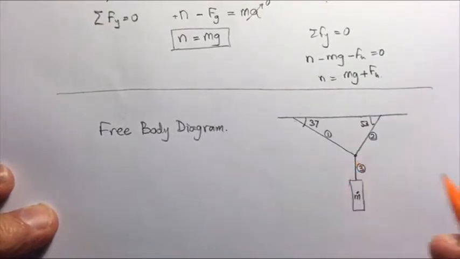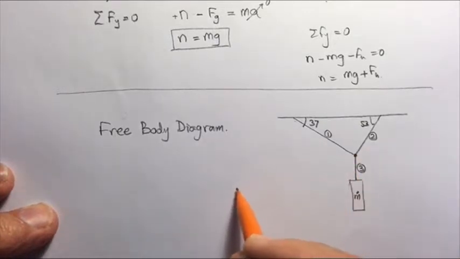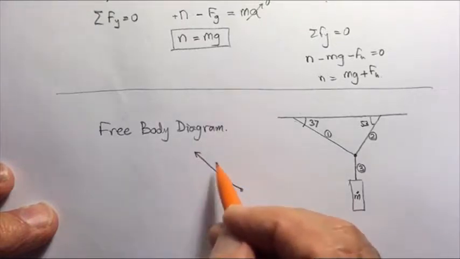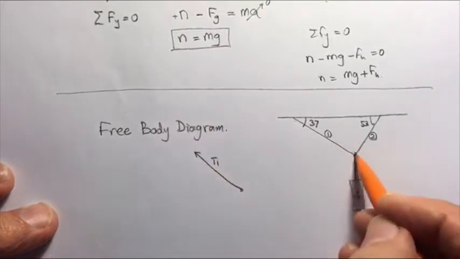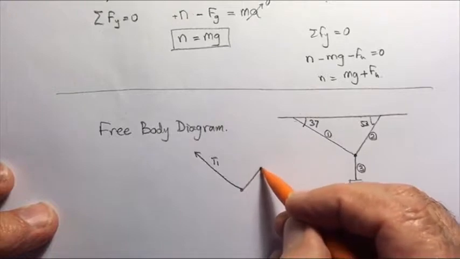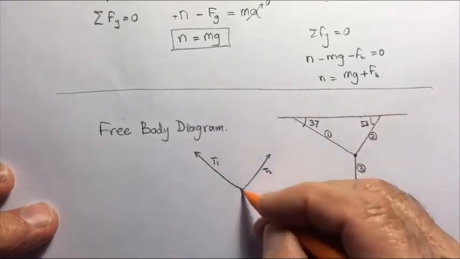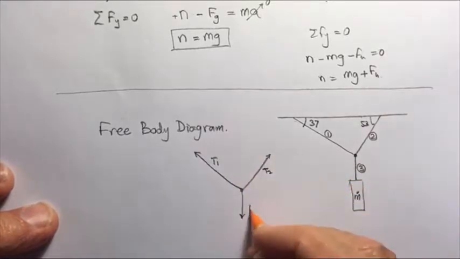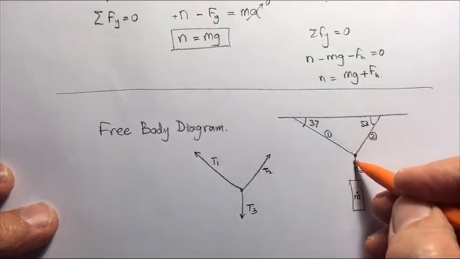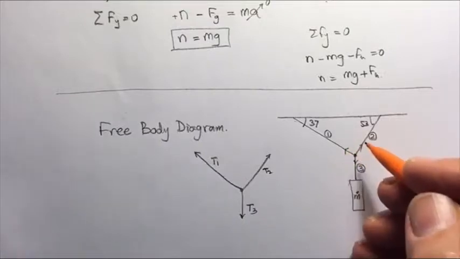So in this case, let's draw it here, we have at this point a T1 this way, that's the tension in this cable, and then we'll have a T2 tension in this cable, and we'll have a T3, tension in this cable, which is pulling downwards, and this is pulling up, and this is pulling up.